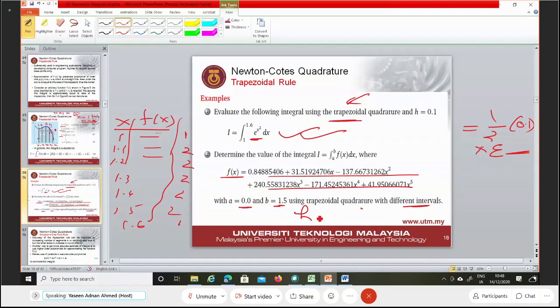It means the h you can consider 0.1. You can consider also 1. So 0, 1, 1.5, or you can consider 0.5. Sorry. So 0.5, 1, 1.5, you can also consider 0.1. So 0.1, 0.2, 0.3, 0.4, like this, you need to continue until 1.5.